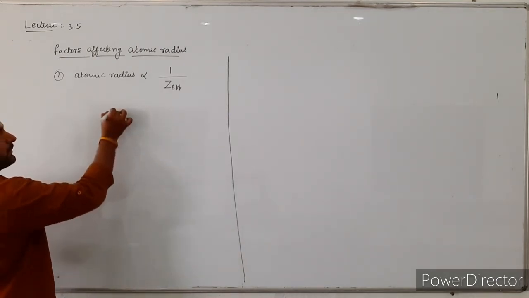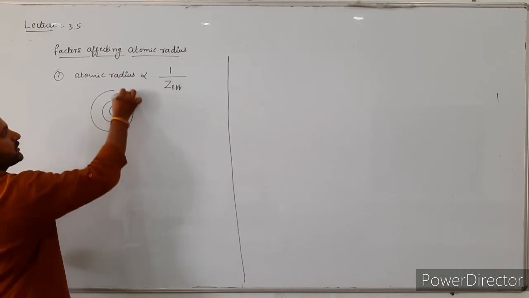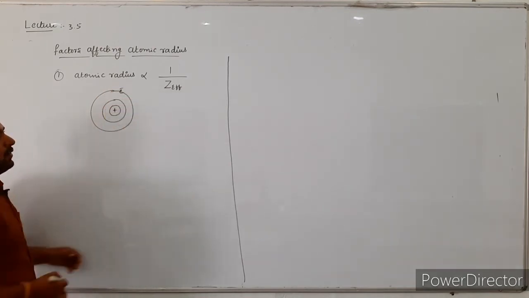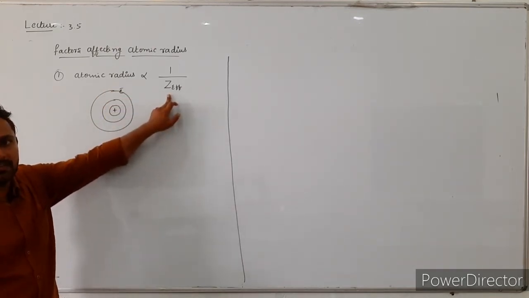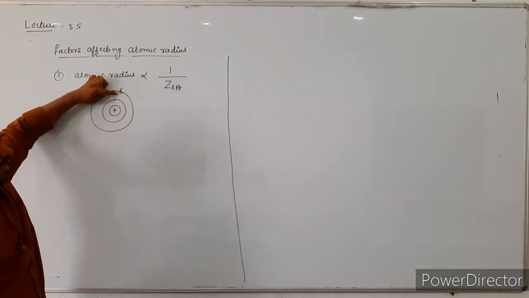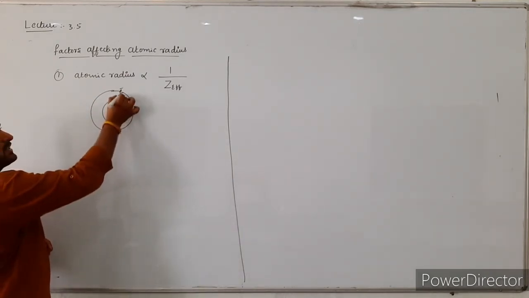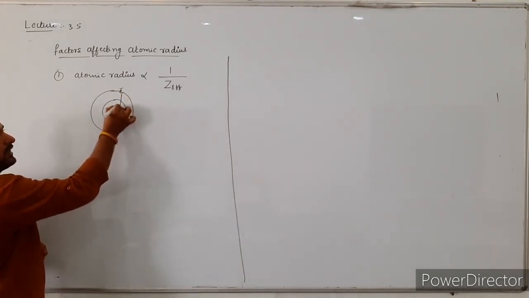This I will show. This is the nucleus, this is inner shell, and this is the outer shell. This is electron. What is the effective nuclear charge? The real attraction on outermost electron. If attraction on outermost electron increases, then what happens? This electron moves towards the nucleus.